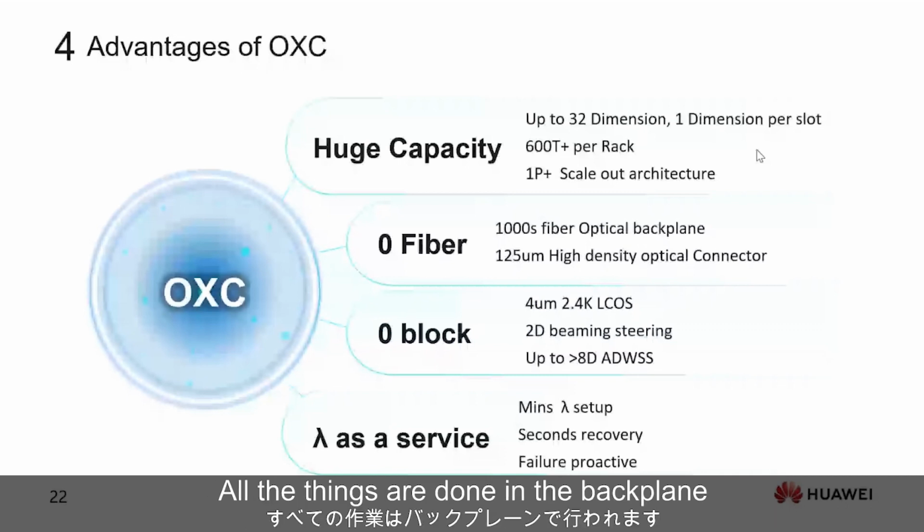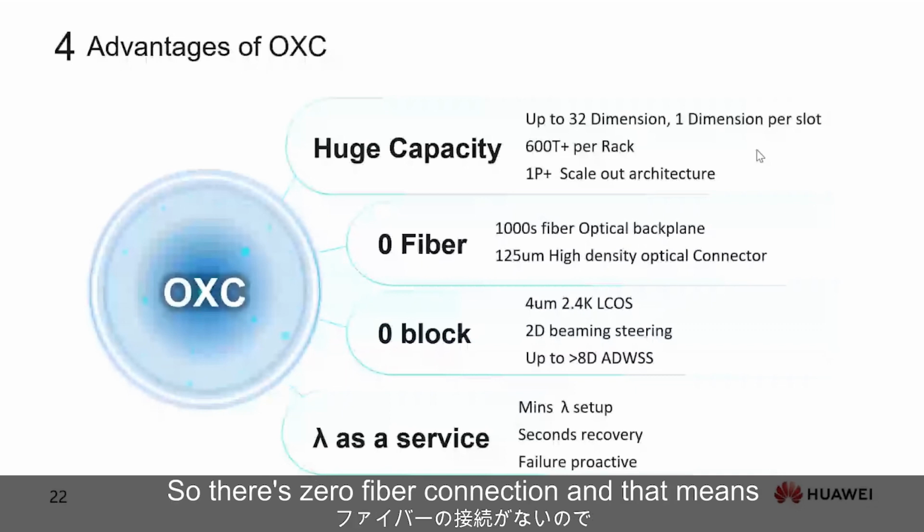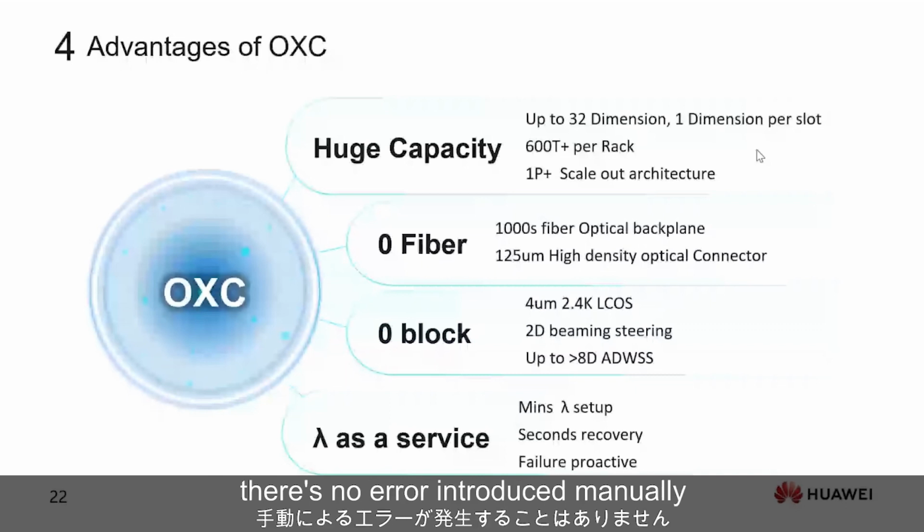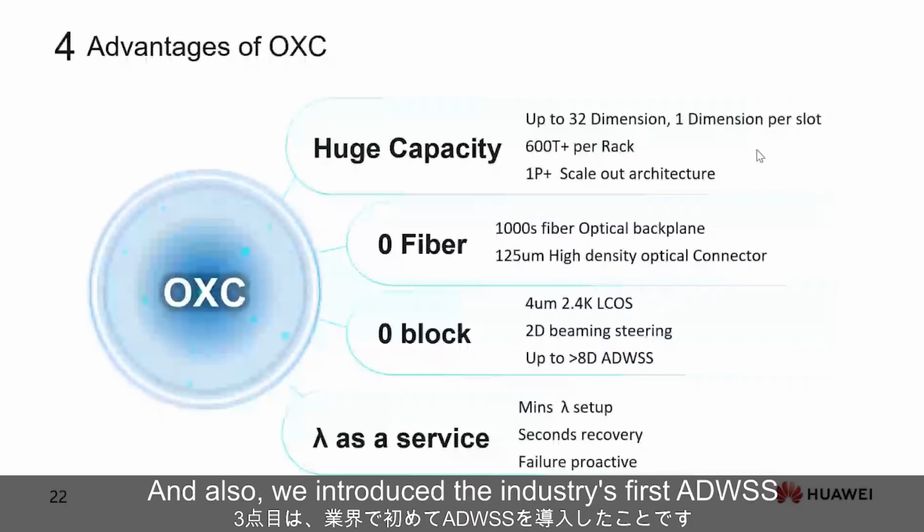And there is no manual fiber connection. All the connections are done in the backplane, so there is zero fiber connection, which means no errors introduced manually. We also introduced the industry-first ADWSS.